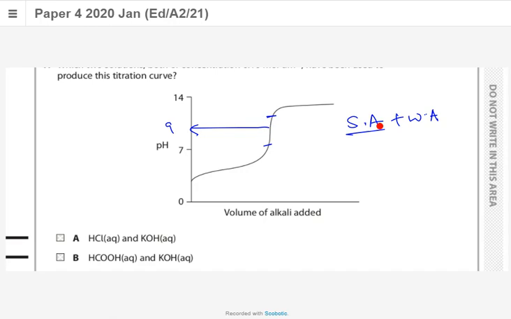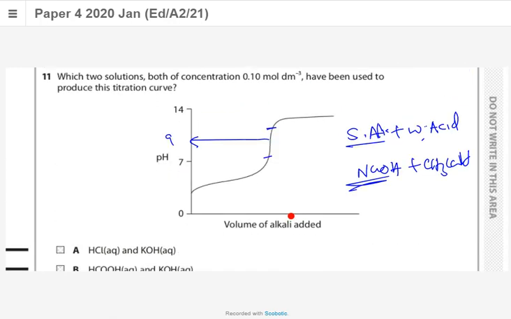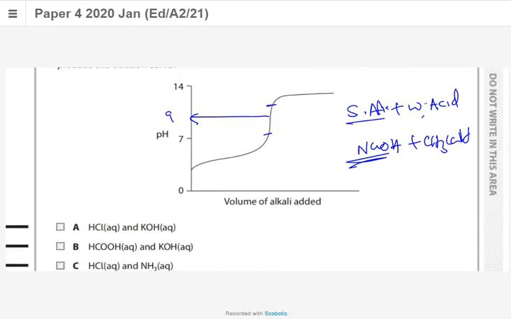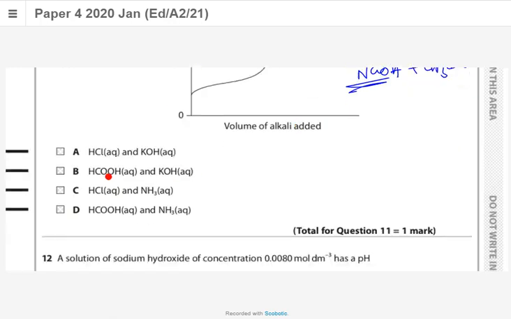For example, sodium hydroxide and weak acid ethanoic acid. When the alkali is strong, the end point will lie on the strong side. So it has to be a strong alkali and a weak acid. Which one is a strong alkali and weak acid? Not A. B is correct. Yes, strong alkali and weak acid.